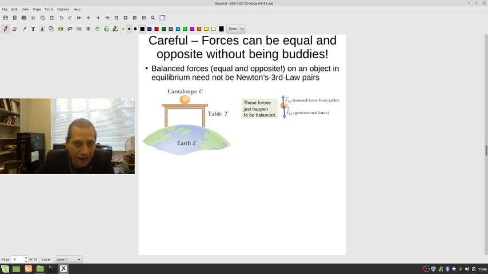Both are, however, acting on the cantaloupe. Those aren't paired forces. It's not the cantaloupe acting on something and something acting back on the cantaloupe. Those two are both acting on the cantaloupe. So in this case, those are not Newton's third law paired forces. They just happen to be equal and opposite because the cantaloupe is in equilibrium and it's not accelerating.